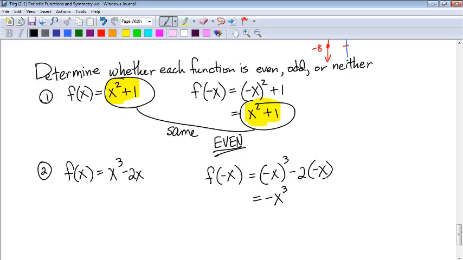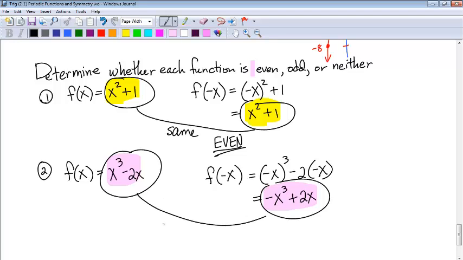And a negative times a negative would be a positive. Okay, now you have to compare these y values. Are they the same, opposite, or neither? They're totally opposites of each other, right? So these are opposite. Okay. If the y values are opposite, then it's odd.